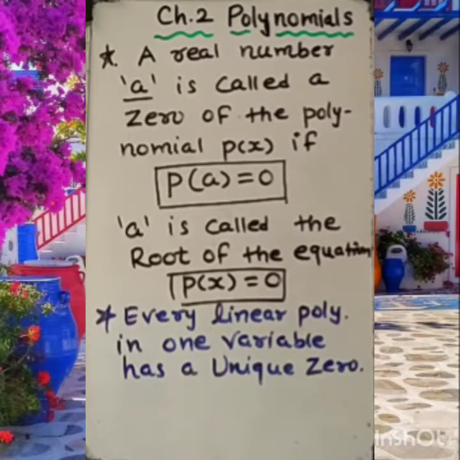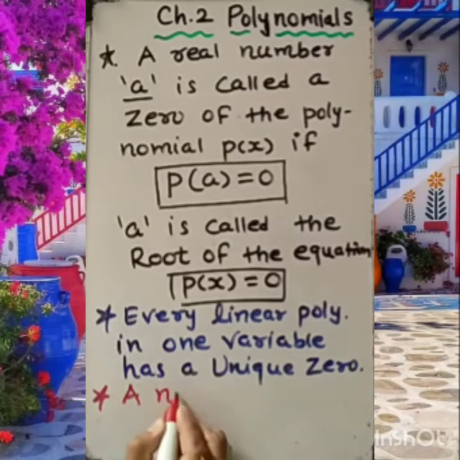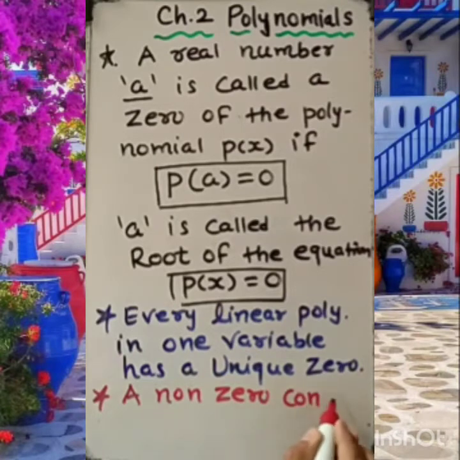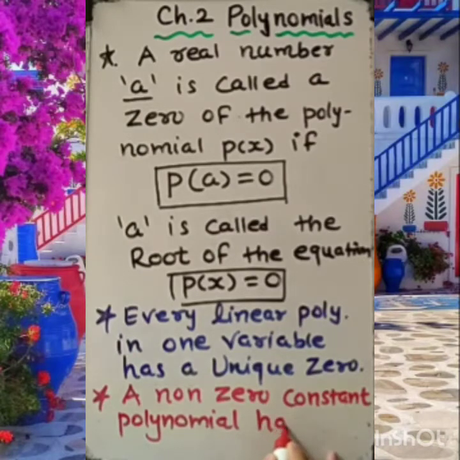Next, very important topic, you need to understand this nicely: a non-zero constant polynomial has no zero.